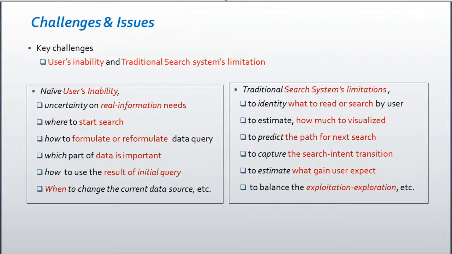Second, after retrieving the data, can the system have some kind of visualization or outlining or emphasizing mechanism to give an estimate that this portion should be placed on the user's display? Next is some kind of support to the search system where it can predict the path for the next search.